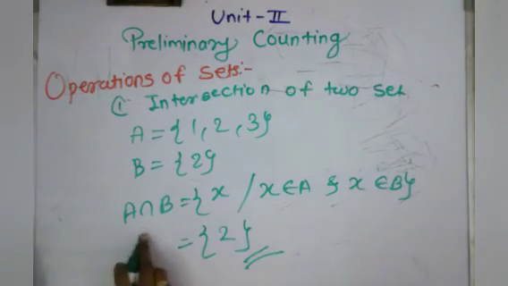So the intersection of A and B is {2}. In intersection, we take common elements from those sets.